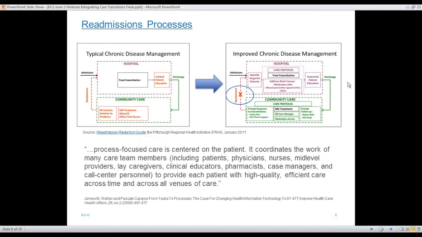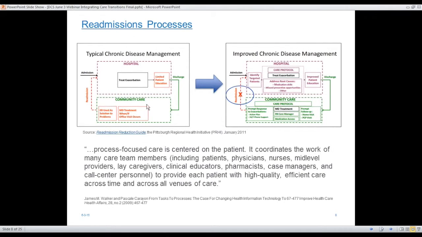And they said, as we say here, that process-focused care is patient-centric, and most importantly, that in thinking that way, you coordinate the work of the broad care team members across all of the different care organizations and what they call venues of care. And doing good quality process analysis and redesign requires methodical thinking.